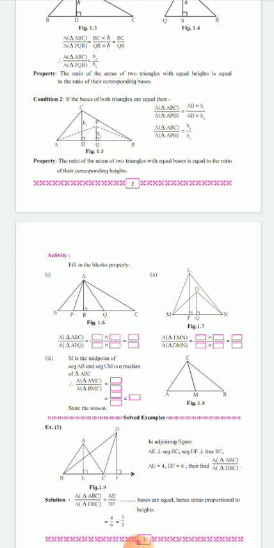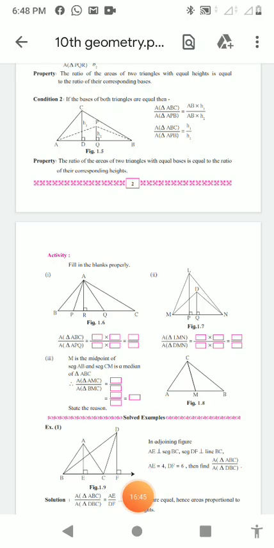Now if I want to calculate the ratio of the area of triangle AMC and the area of triangle BMC, I have to consider that the height is common here. So I just have to write down the bases, that is for area of triangle AMC it is AM, and for area of triangle BMC it is BM. So AM upon BM is the ratio.